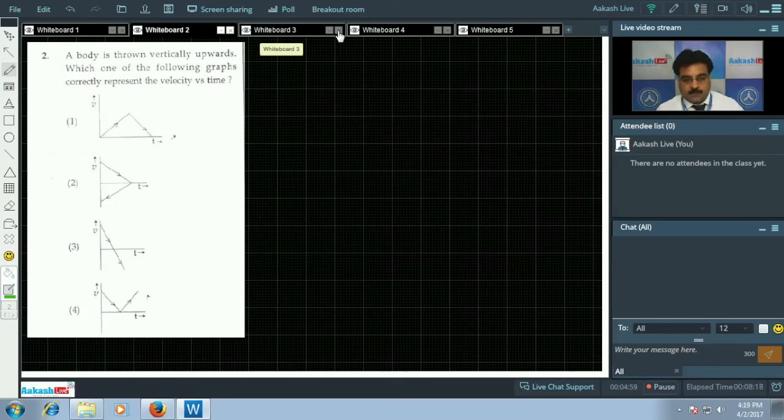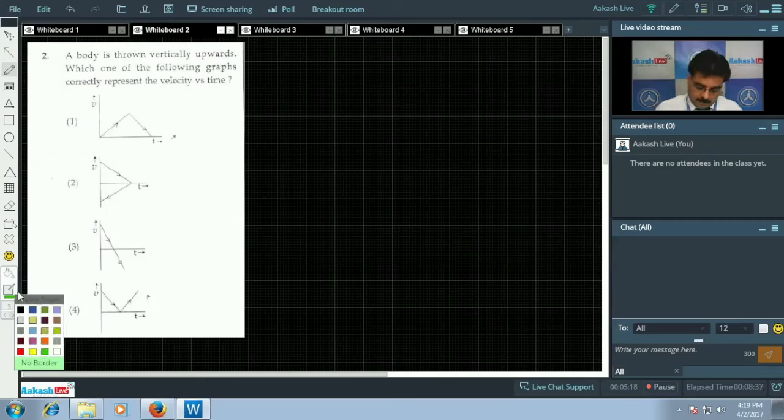In this type of question, a body is thrown vertically upwards. Which one of the following graphs correctly represents the velocity versus time? And I am saying that the total number of graphs is 4.